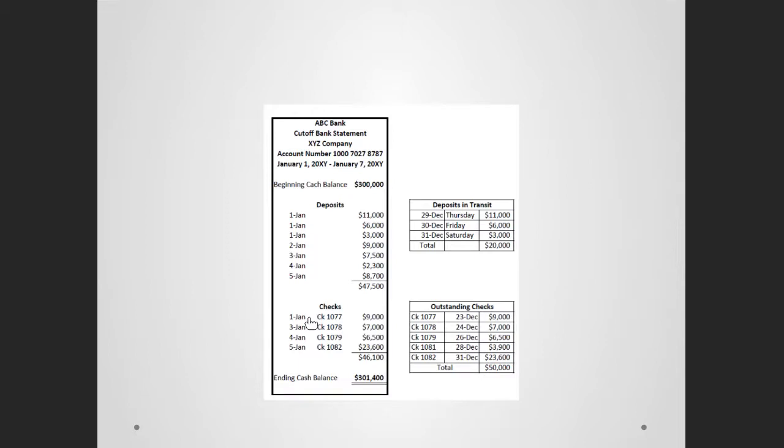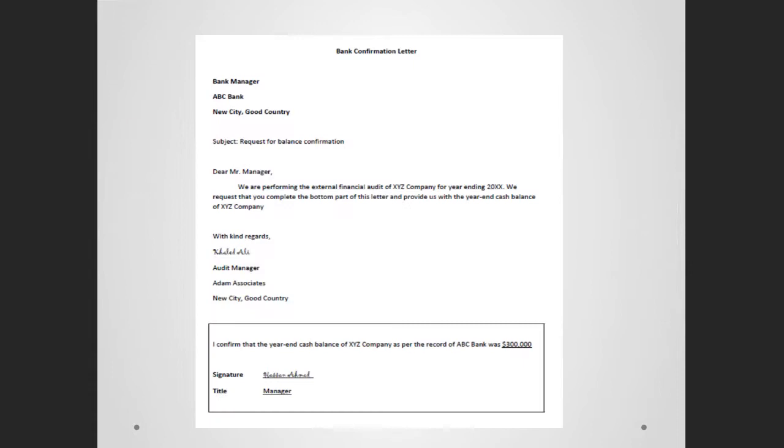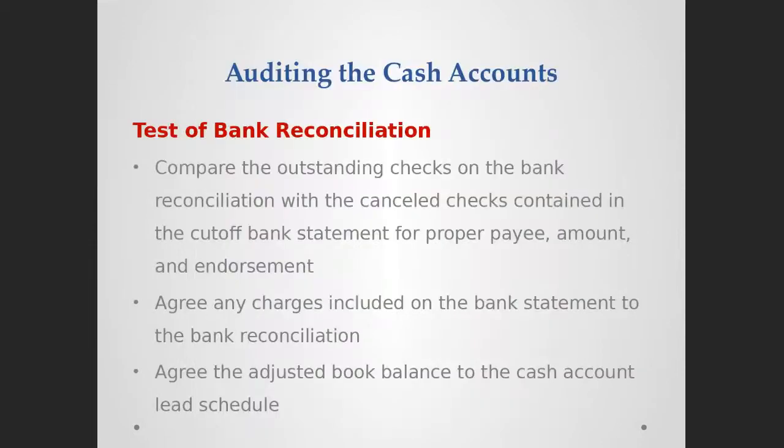So you will find at the client's location all these checks, 1077, 78, 79, and 82. If the check did not clear the bank, you will not find it with the bank statement because the supplier is still holding that check. Are you following? You get the idea of the canceled check. So you have a canceled check, right?